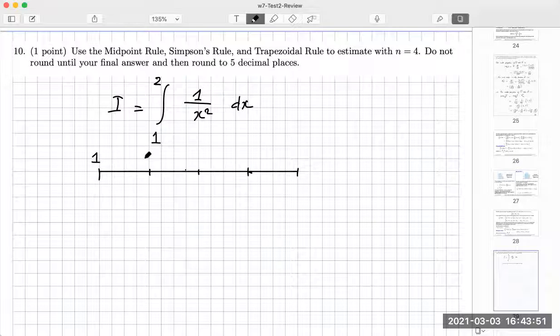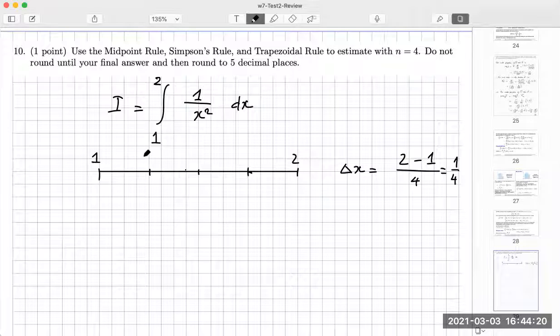This is 1, this is 2, then delta x is what? The difference between these two divided by n, which is 4, right? It will be a quarter here, right?